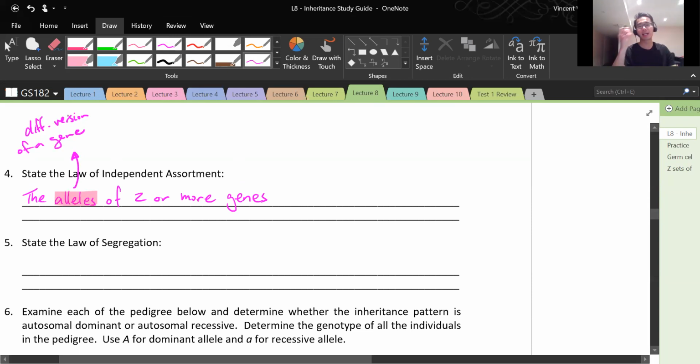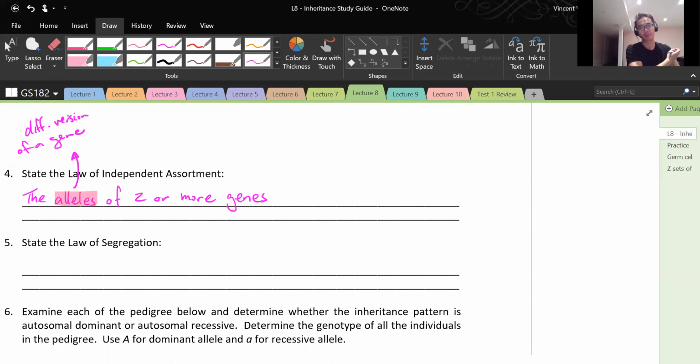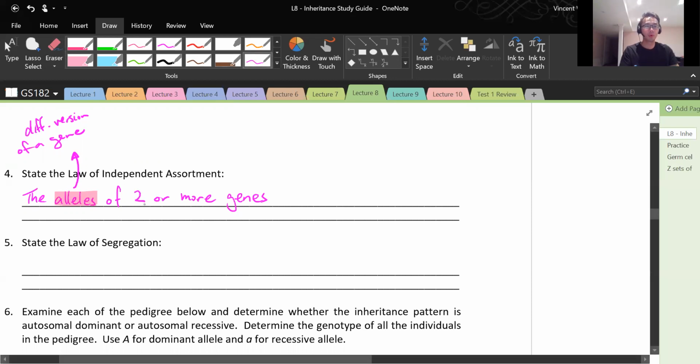If the gene is eye color, an allele would be brown eyes or black eyes.